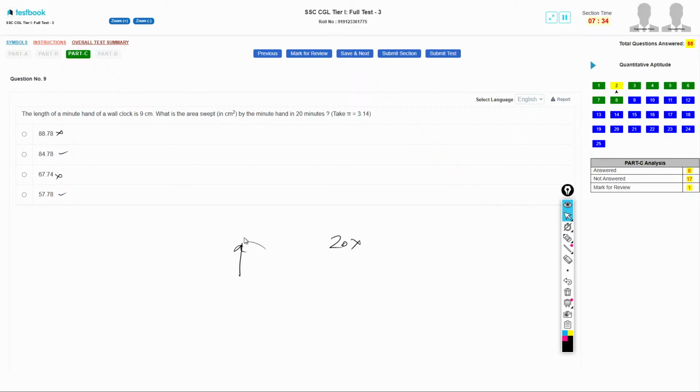Okay, everything is almost same. Let's see. So 20 times area, right? So pi r into r. So it's close to, oh sorry, actually it's not 20, it's 20 by 60.